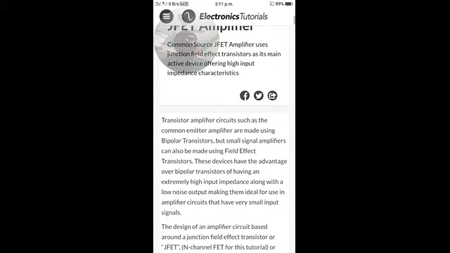Transistor amplifier circuits such as common emitter amplifiers using bipolar transistors have low input impedance when compared with the common source FET amplifier. The common source FET amplifier has the advantage over the CE amplifier of extremely high input impedance, along with low noise.